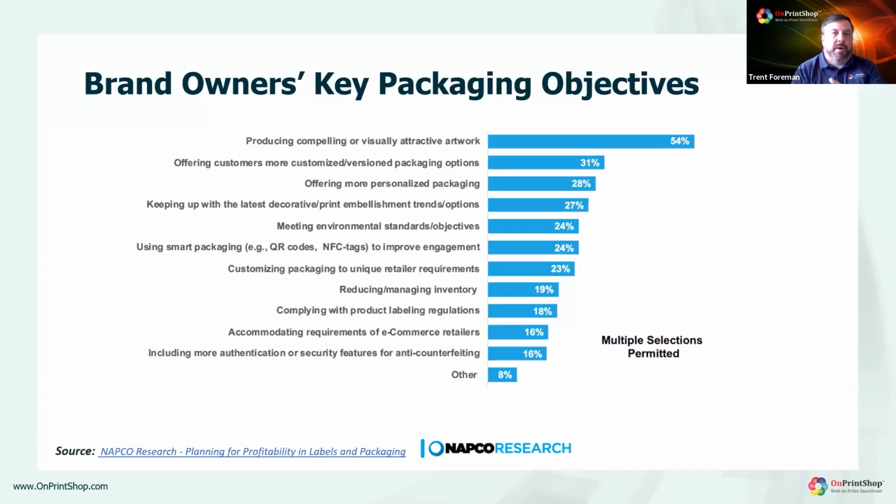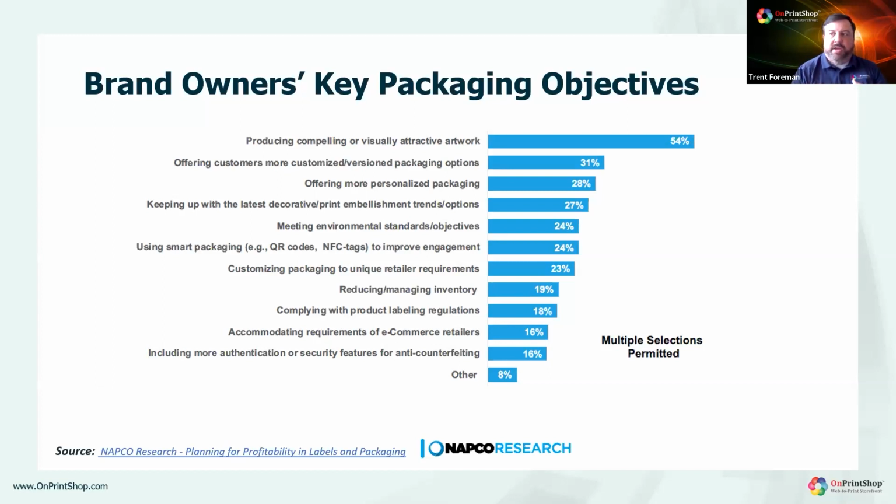You talk about Mimaki and Canon with the Colorado being able to produce those vinyl labels. Life becomes a little bit easier, or you find a partner that has the ability to do that and you can outsource to them. So, offering more customized versions of packaging options, I think, goes right along with that visually attractive artwork.